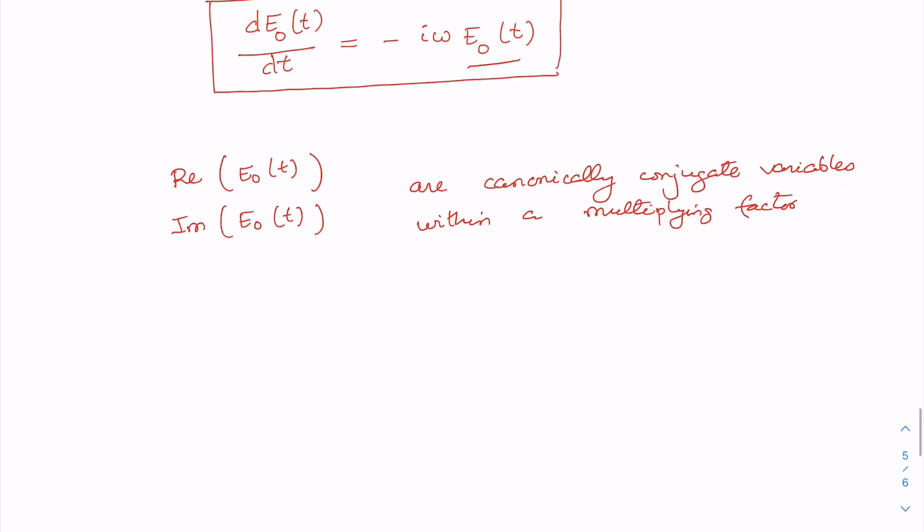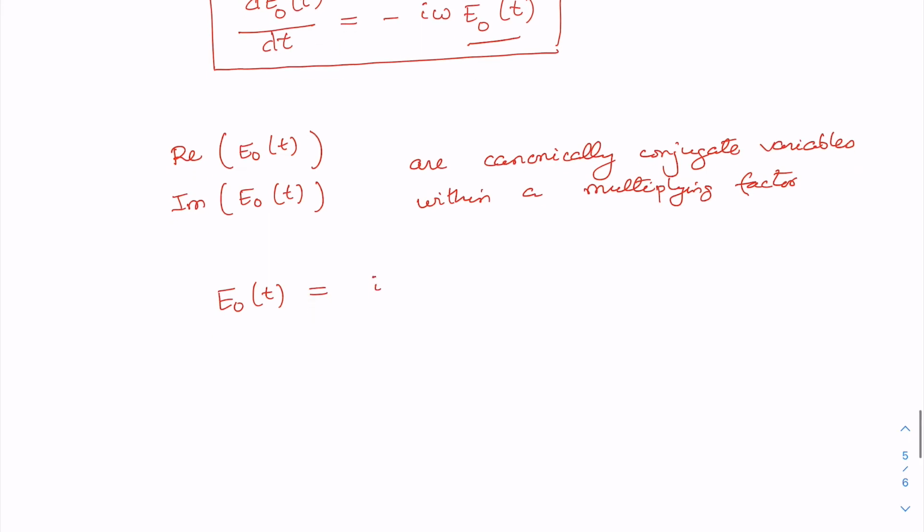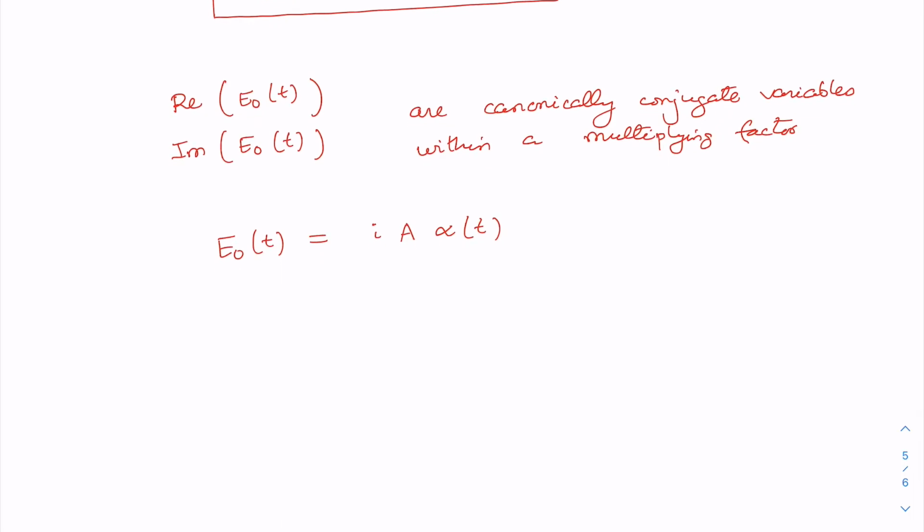So let us define E0 of t as I times some constant a times alpha of t, where alpha of t is a dimensionless normal variable, and a is a constant having the dimension of electric field. Alpha is a complex quantity.